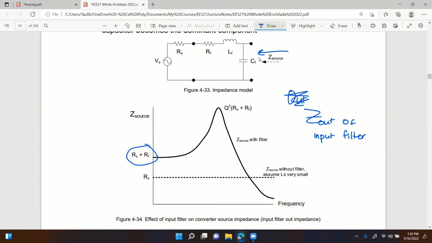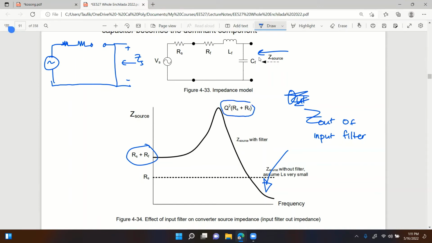So the circuit becomes like this, and you're looking at a short. So what is the impedance of a short? Very small, right? 0. That's why it goes down at high frequencies. At resonance, the equation is Q squared times RS plus RF.